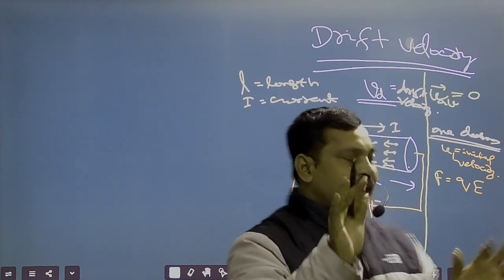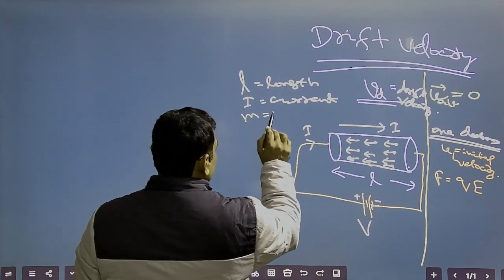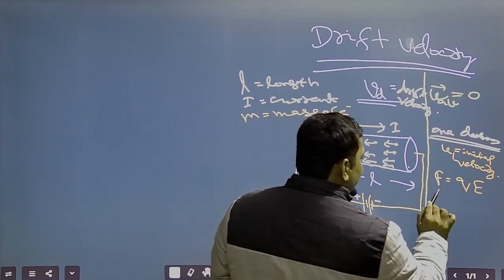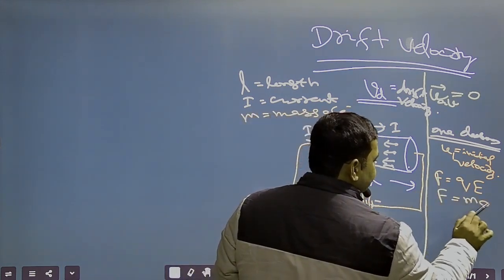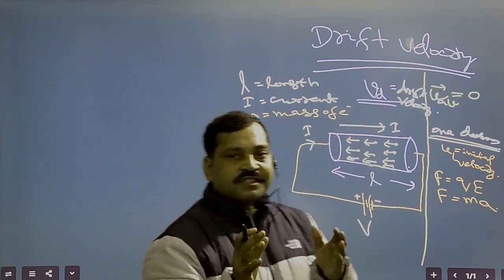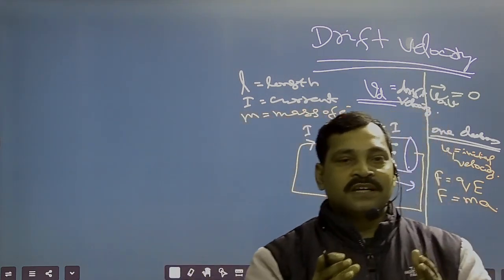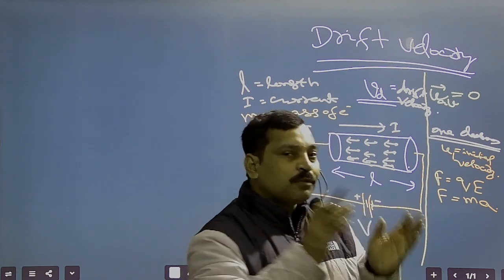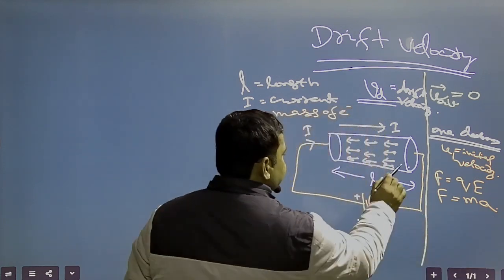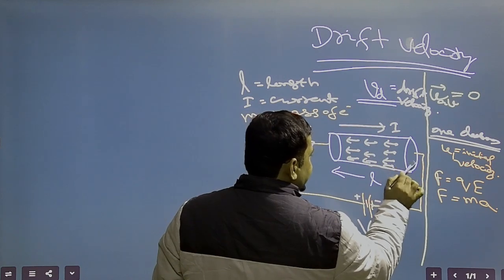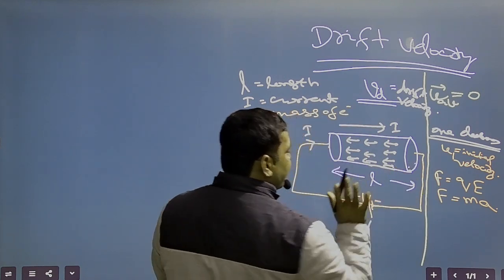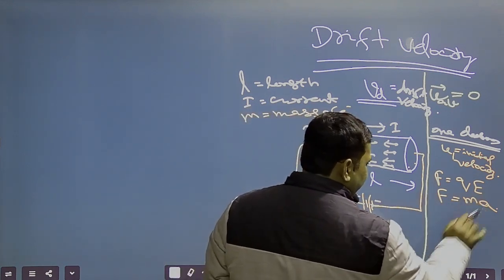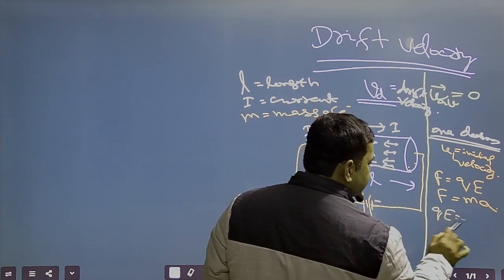If m is the mass of the electron, then F will be equal to ma, where a is the acceleration with which the electrons are accelerated from the negative terminal to the positive terminal. The electron drifts from this end to this end, covering a distance of L. So this is the acceleration a. Equating these two, we get QE equals MA.